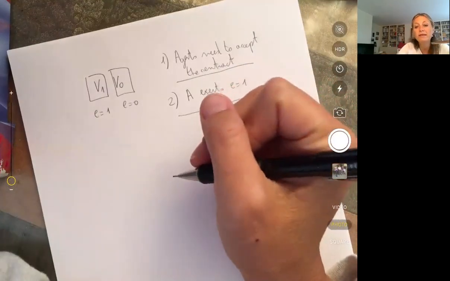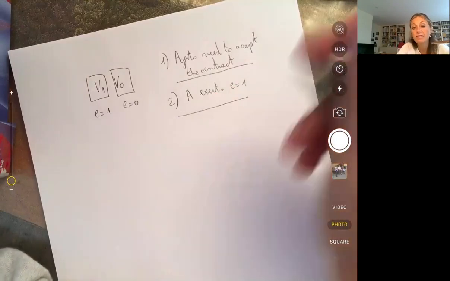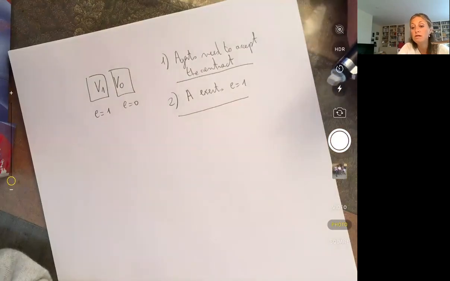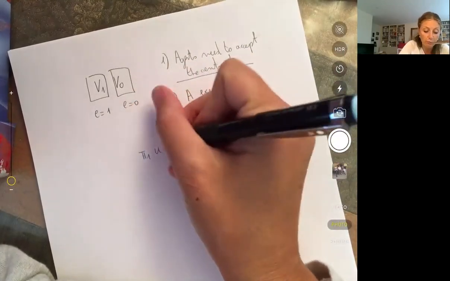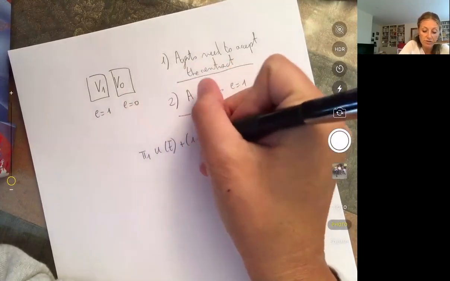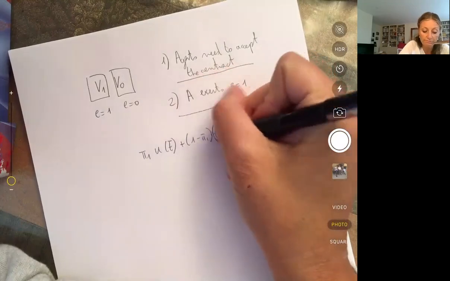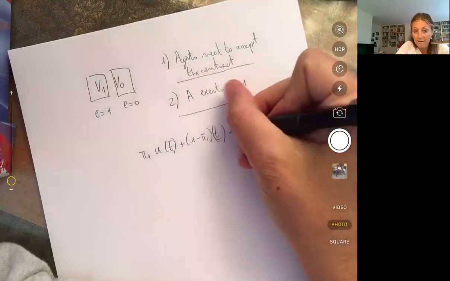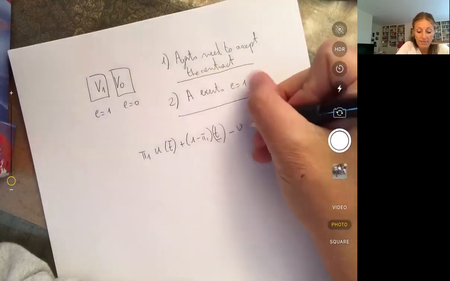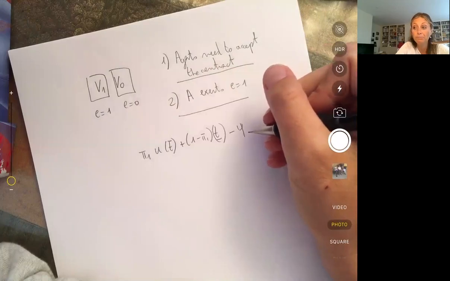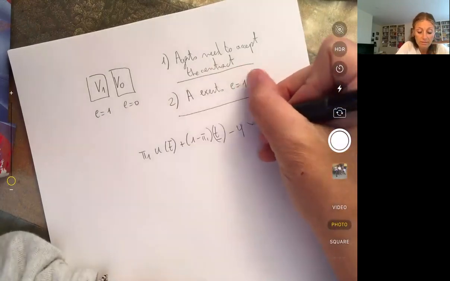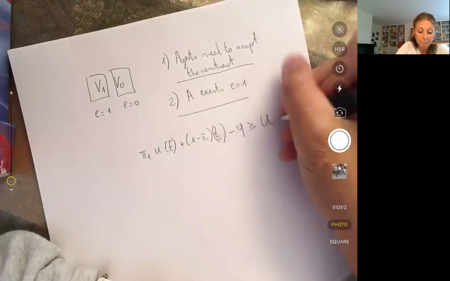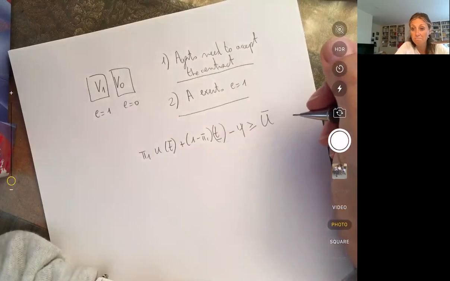First of all, he must ensure that the agent is willing to accept the contract. What does that mean? It means that the expected reward that the agent is going to achieve, minus the cost of effort that he has to perform to undertake the task, should be no smaller than whatever reservation utility he might have.